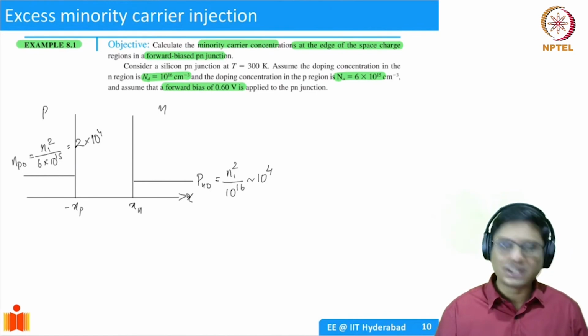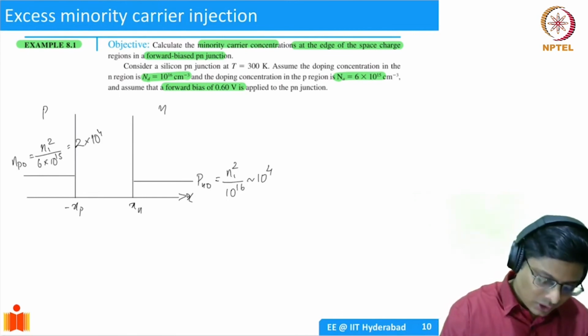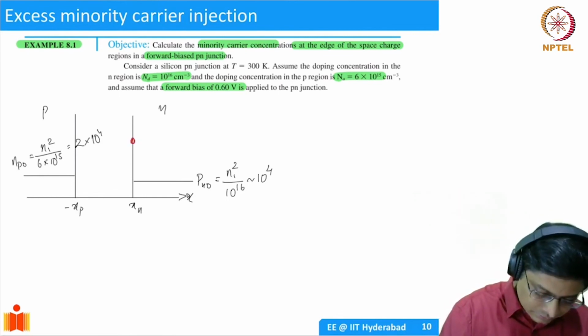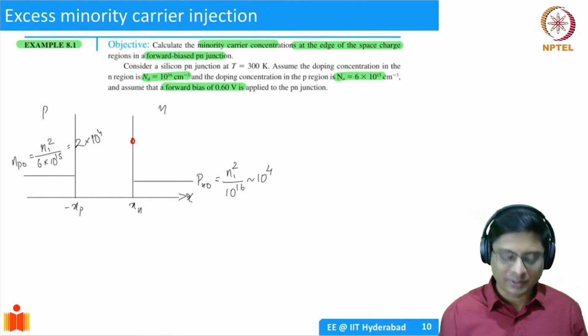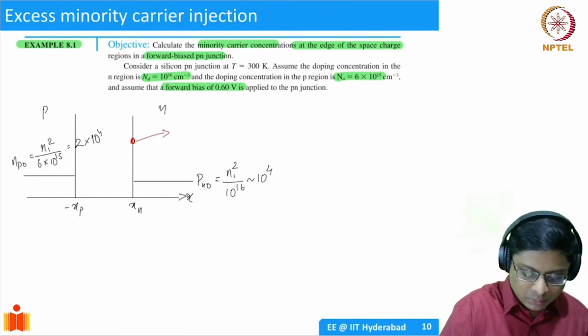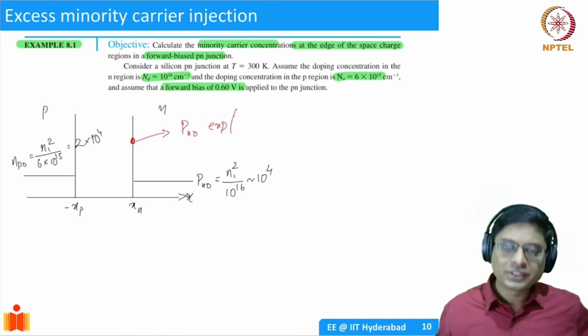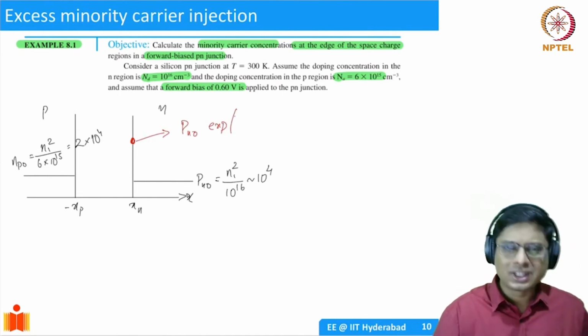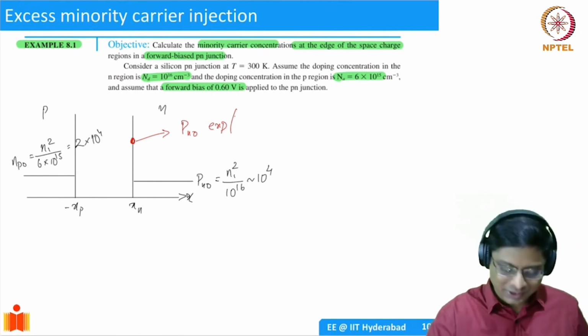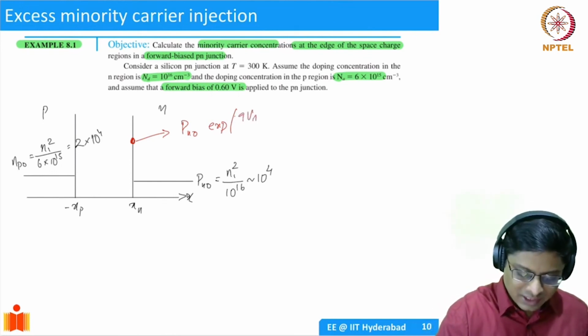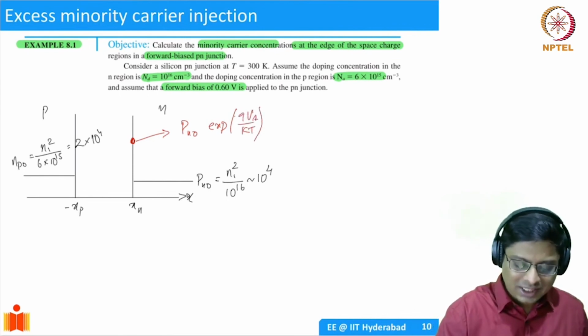So you have the initial equilibrium densities. Now, how do you find the total minority carrier concentration for a forward bias? It is going to be somewhere here. The holes are going to be higher than the equilibrium density, right? And this is going to be equal to Pn0 exponential, applied voltage is 0.6. Okay. You could write it as Q times applied voltage, VA, divided by KT, but I will simplify it.